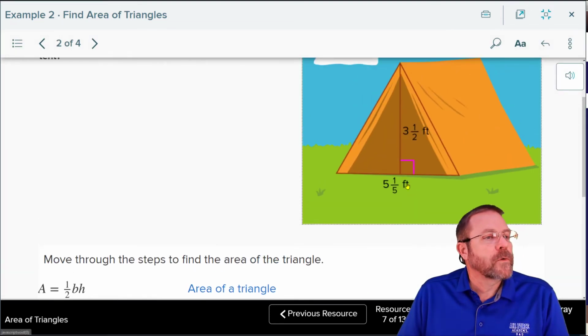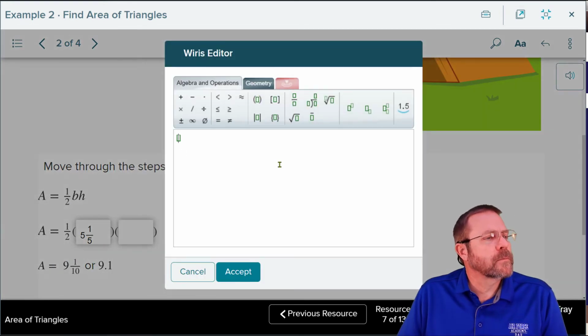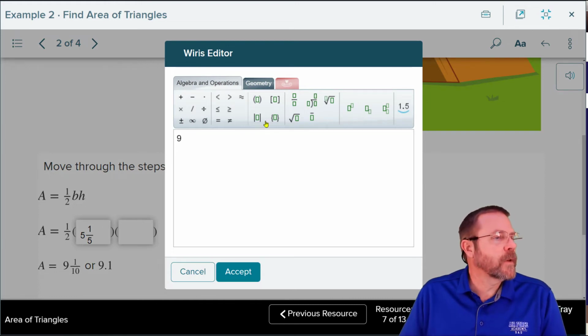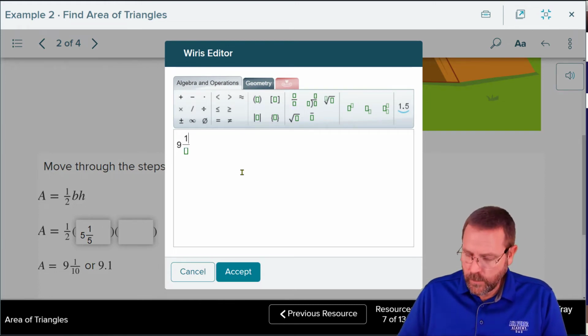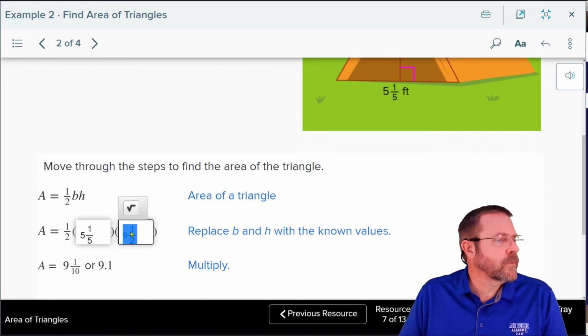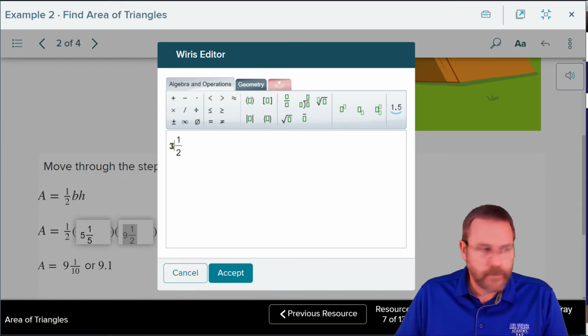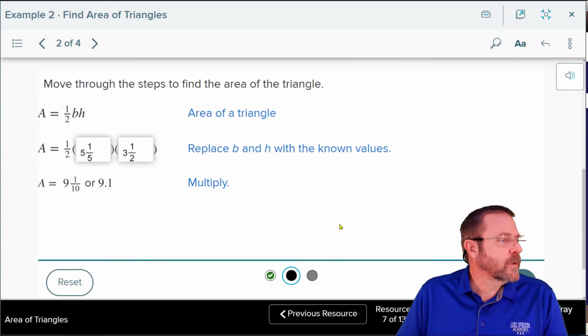And then the height, 3 fraction 1/2. I'm looking at too many things. So that part's going to be done.